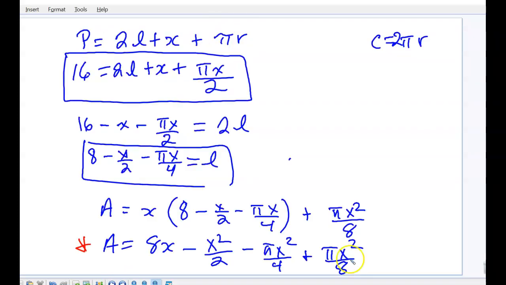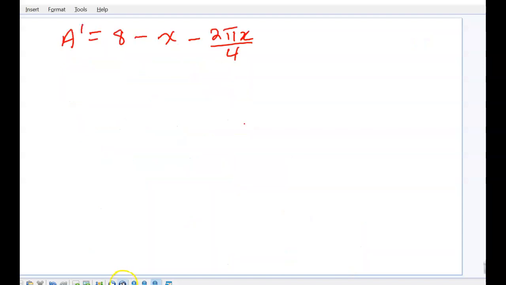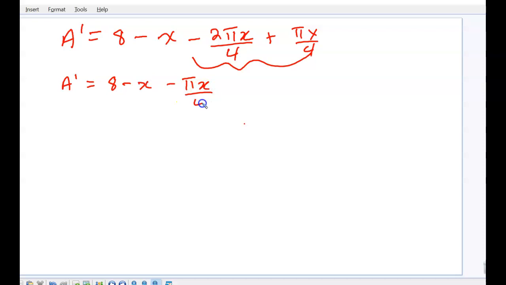And in the next step, this is going to be also 2 pi x over 8, which reduces to pi x over 4. Okay, so if we collect like terms, because I do have like terms here, I get the derivative is 8 minus x minus pi x over 4. Okay, and I'm going to set the derivative equal to 0.